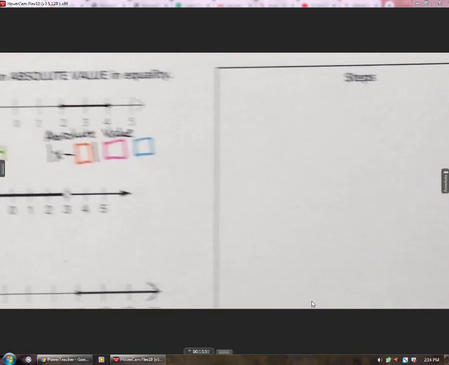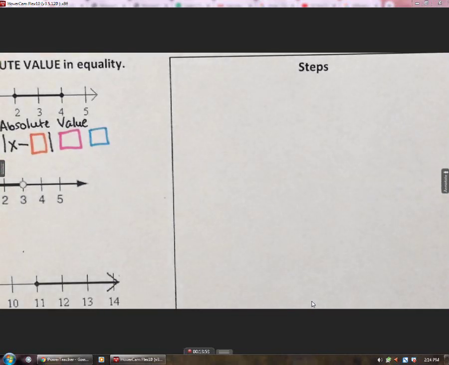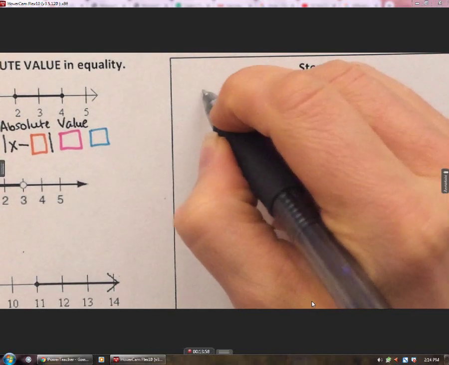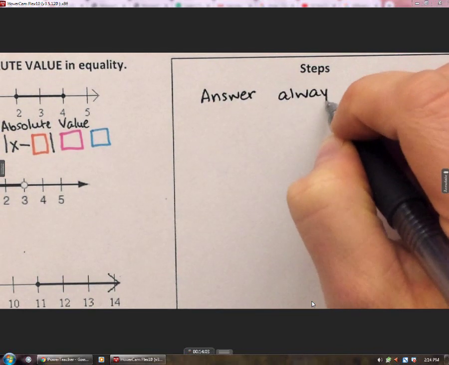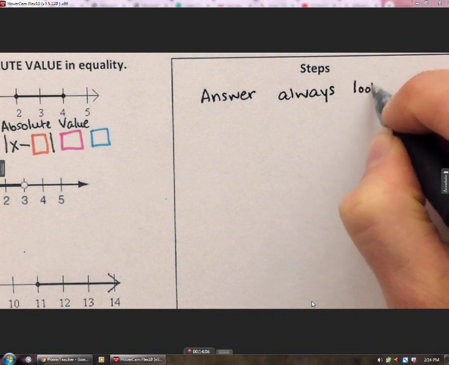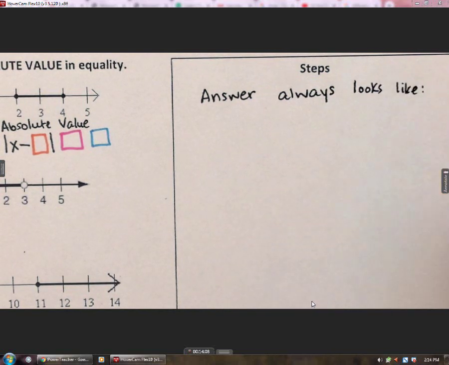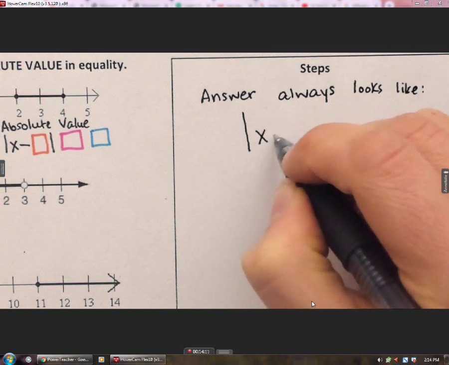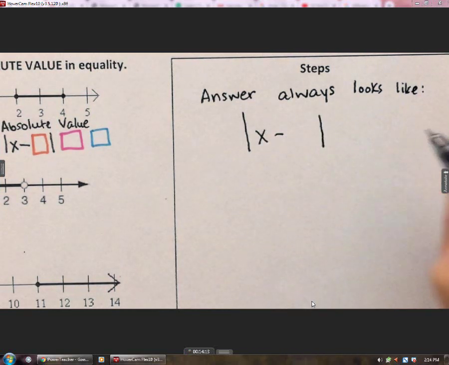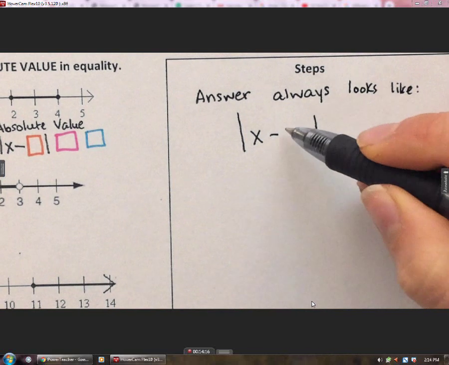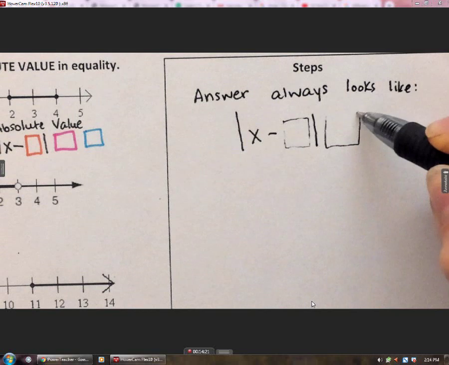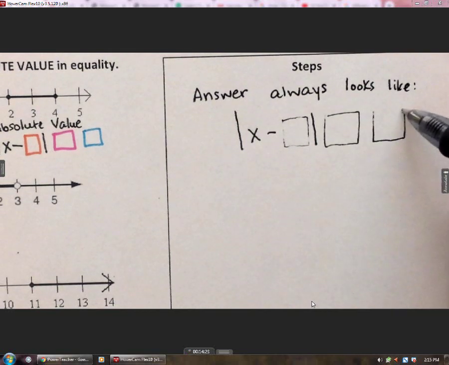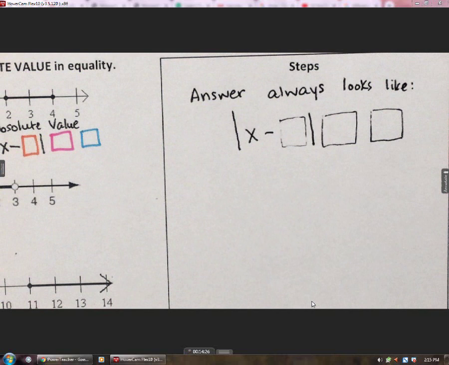So over here on our steps, I'm going to tell you how to find those things. So I'll write here, answer always looks like this. Okay, in this box, step number 1, I'm going to start with pink.